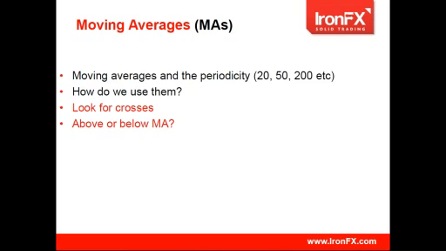Yes, let's now go with the moving average. All right. So one thing you should know about all the indicators is that every indicator should have a periodicity. This is going to mean how the indicator is calculated. If we are talking about a 20 period moving average, or a 50 period moving average, or a 200 period moving average, it means that it will use the close prices of that certain financial instrument that you are trading.